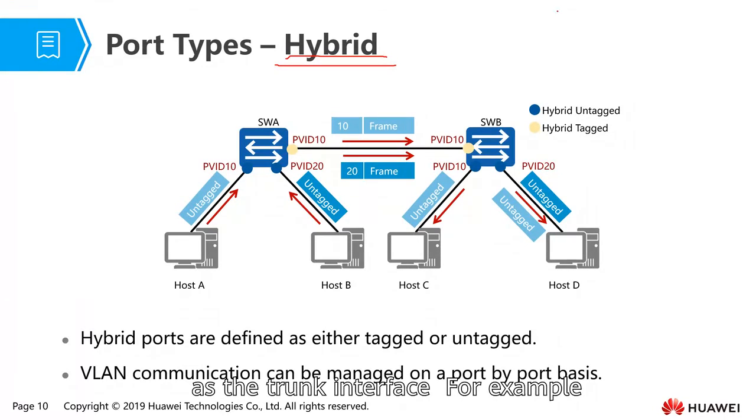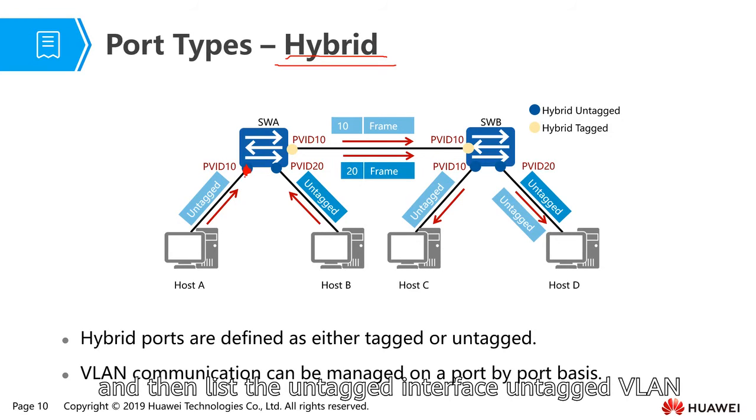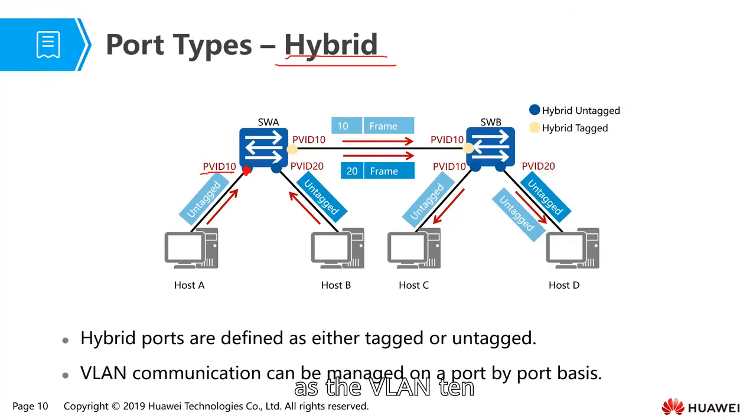For example, you can configure this interface as a hybrid and list the untagged VLAN as VLAN 10.